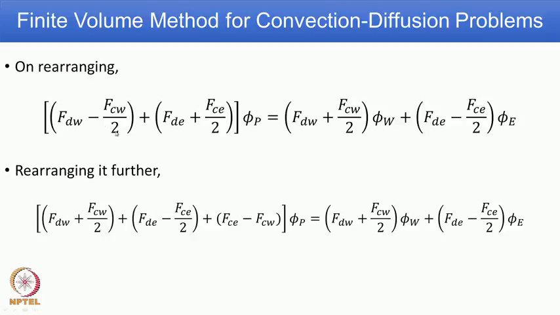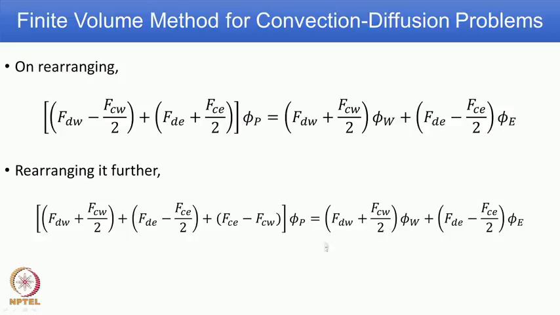Similarly, we have only F_Ce by 2 and we add F_Ce newly and subtract. So, if you put this term, that is minus F_Ce by 2 plus F_Ce, the original positive F_Ce by 2 is maintained. This is for some convenient sake, you will understand, equated to terms on the right hand side.